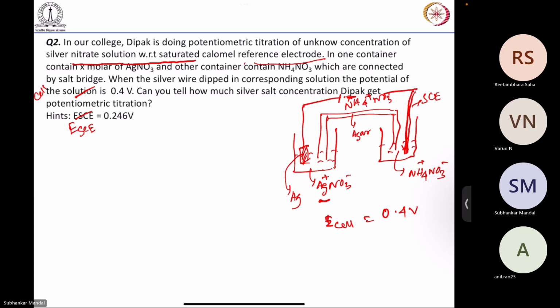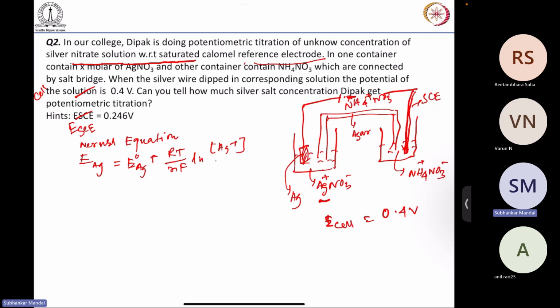Now the question: what is the concentration of silver nitrate solution in the cell? How can we proceed? We know the Nernst equation for Ag+. E cell is equal to E naught of Ag plus RT by nF ln of Ag+ concentration by Ag concentration.